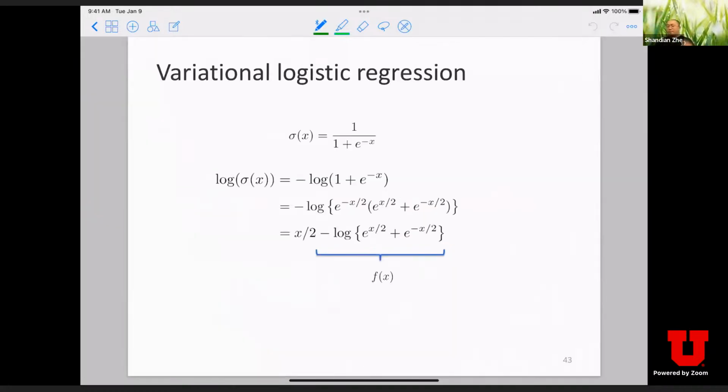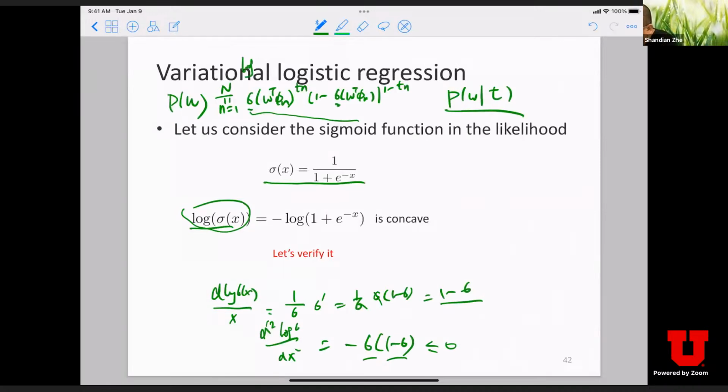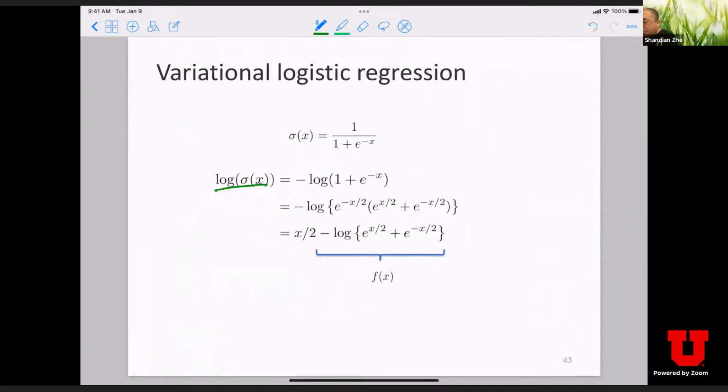Then we want to look at this log sigmoid function, because when you take the logarithm of your Bernoulli likelihood, you have a log sigmoid term, and that's why we are interested in the properties of the log sigmoid function. If you look at the form of log sigmoid, take a logarithm, you want to put this denominator up, so you put a minus sign in front of it and do some rearrangement.